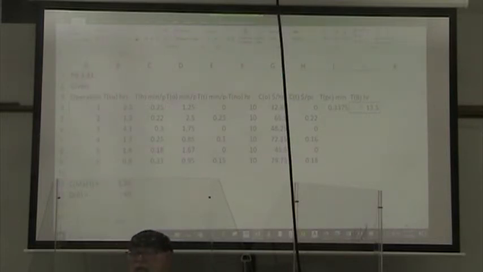All right, so that time is actually still in minutes, and we would divide by 60 to get hours, which is not a lot of hours there.